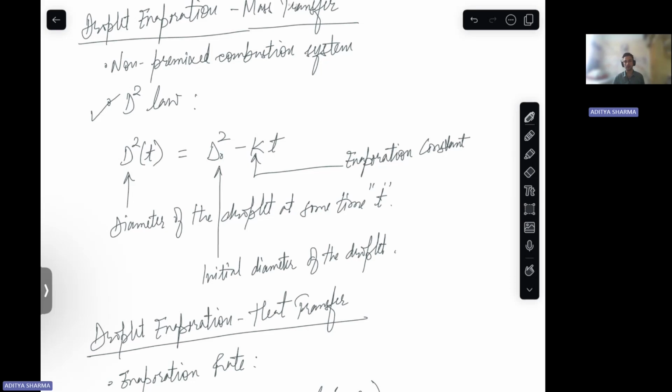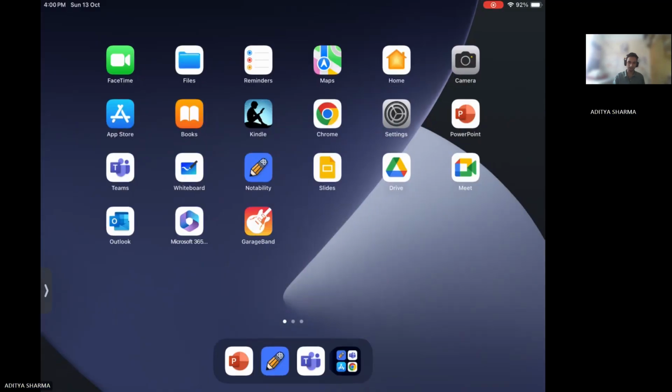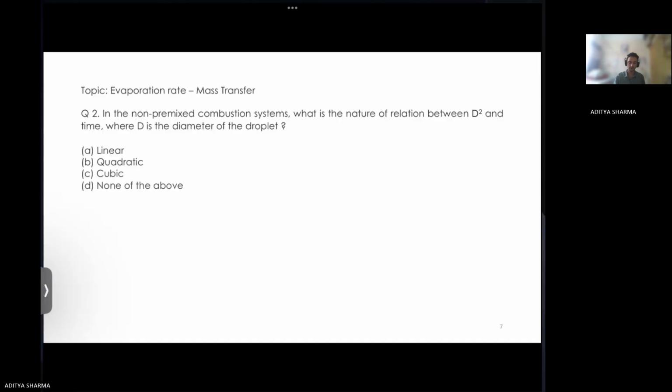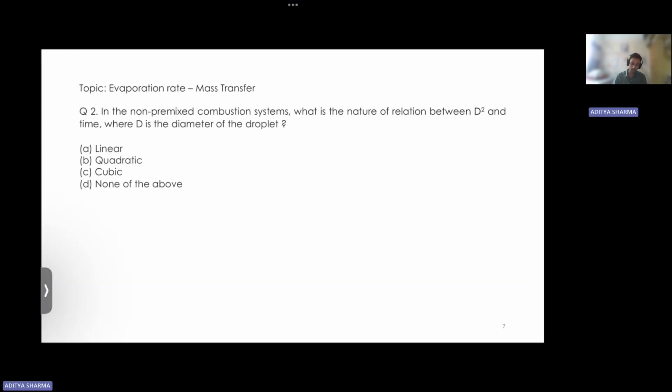The nature is linear. Yes, the slope here will be negative because we have a negative sign with k, the evaporation constant, but the relation clearly is linear, that of a line. So the correct answer to this question is option A.